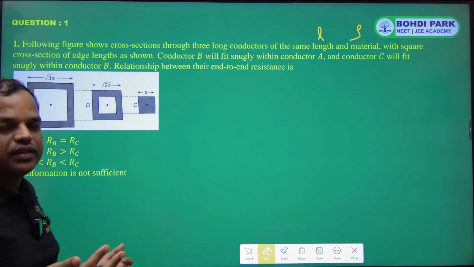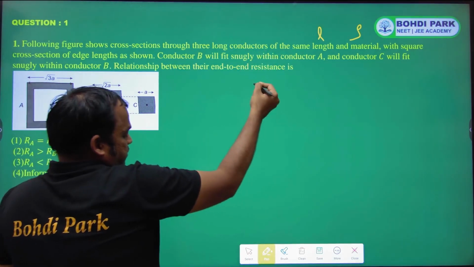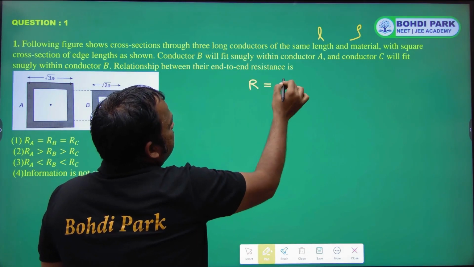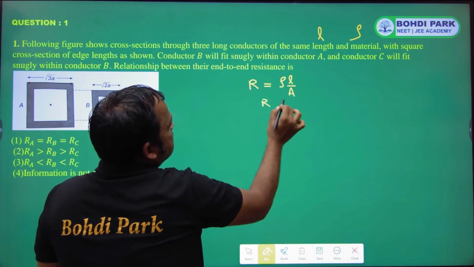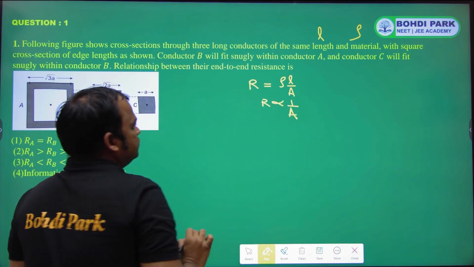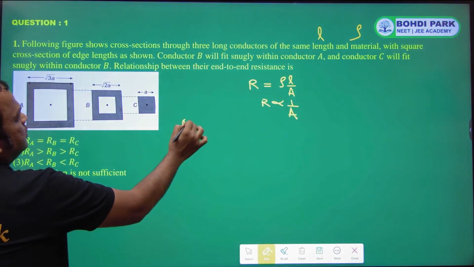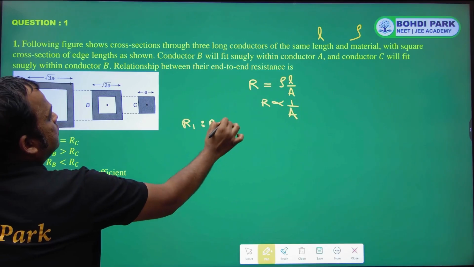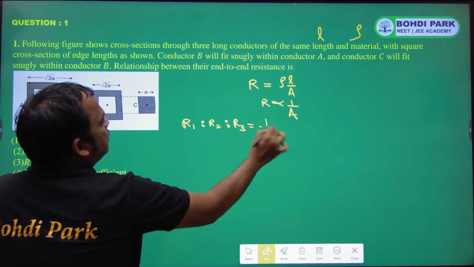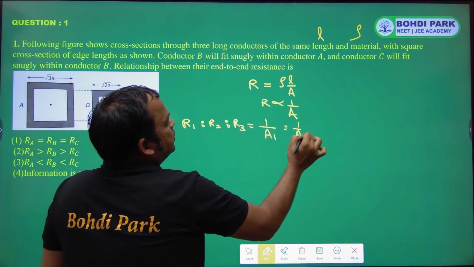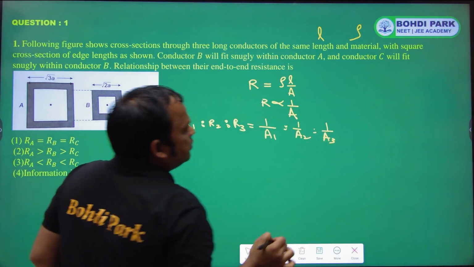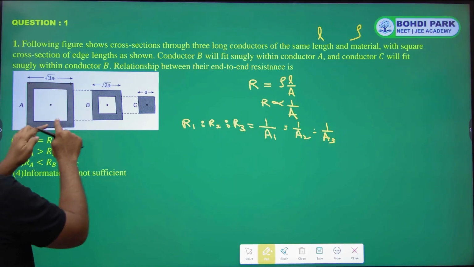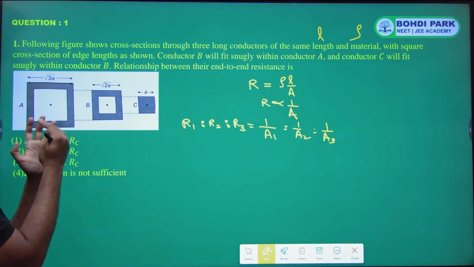The length is the same and the material is the same, so using the formula R = rho L by A, resistance is inversely proportional to A. So we can say R1 : R2 : R3 = 1/A1 : 1/A2 : 1/A3, where A1, A2, A3 are the cross sectional areas. The cross sectional area is clearly mentioned in the diagram. It is the shaded portion.